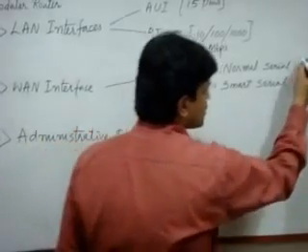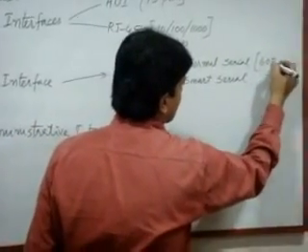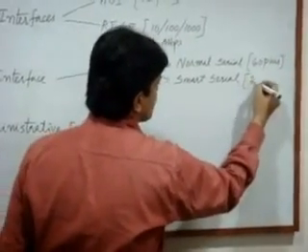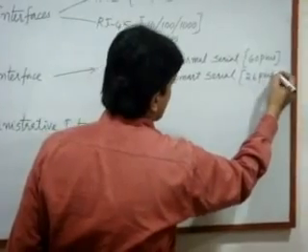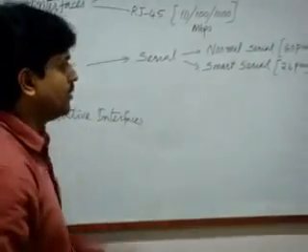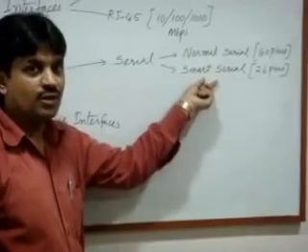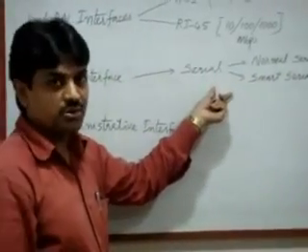The normal serial interface has 60 pins, and the smart serial interface has 26 pins. The function is the same for both; the physical appearance is different. They are for connecting branch offices or remote locations.